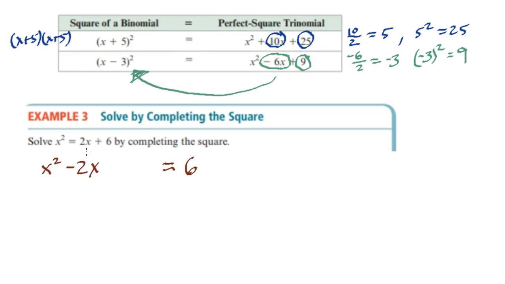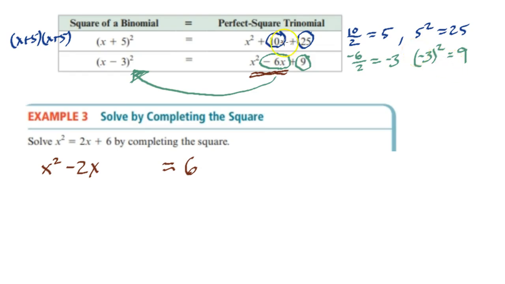All right, now we want to do the completing the square. Our objective is to get a perfect square trinomial so we can factor it to a square of a binomial. So right now, essentially, we have these two terms, the x squared and the x term. So we have x squared minus 2x. What we want to do is figure out what we need in this blank to get a perfect square trinomial. And we're going to use this technique over here to find that number.